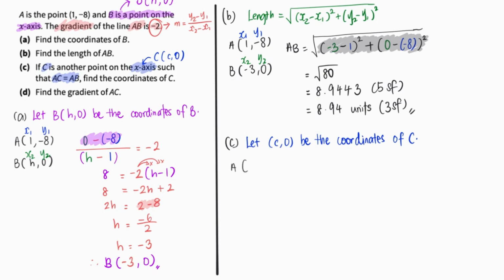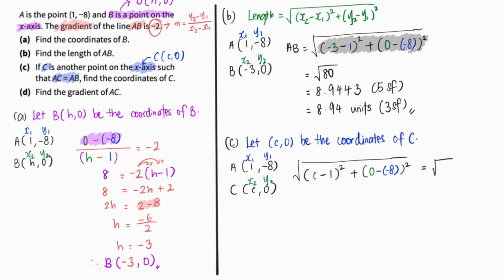So my A is 1 and -8, and my C is C, 0. I'm going to just repeat for this AC, and that will be the square root of C minus 1 bracket square plus 0 minus -8 bracket square, and this equals to AB.